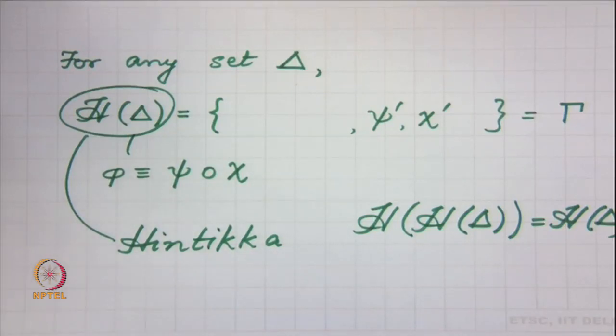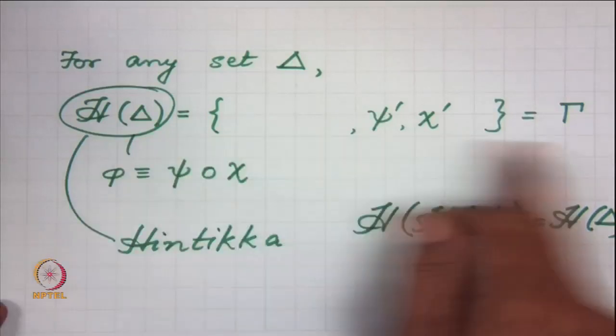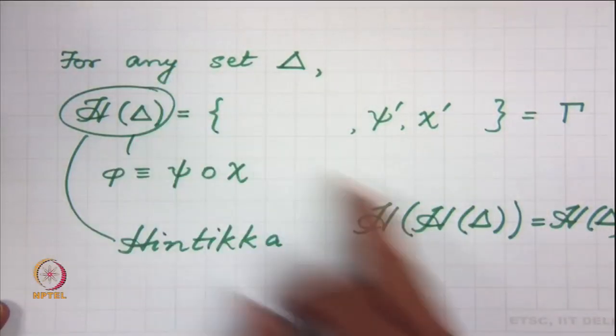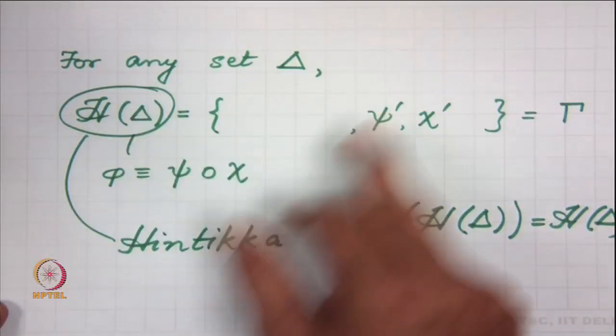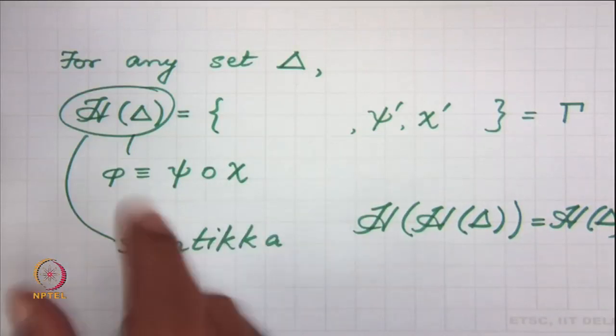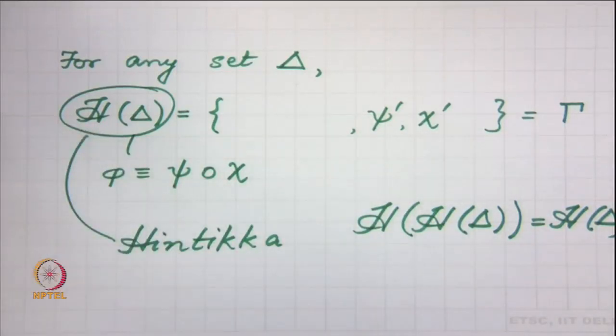But each of them will be a Hintikka set. So, this formulation is not exactly correct. It has to be that this H gives me a set of sets of formulae, where each element of that set of sets is a Hintikka set by itself, and therefore satisfies this downward closure property, downward saturation property. Okay.